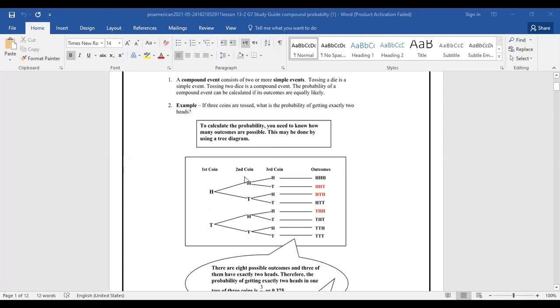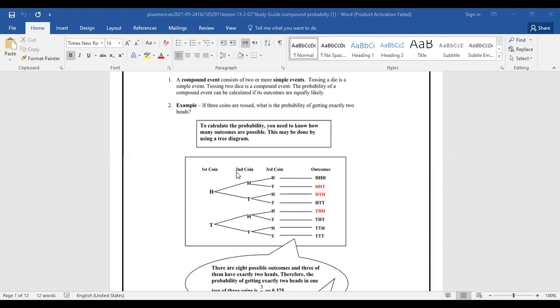Then we have to build our diagram or our tree. We have 3 coins, right? We have first coin, second coin, and third coin. So this is the way you are going to use when you want to solve a question like this. For the first coin, we have head and tail.